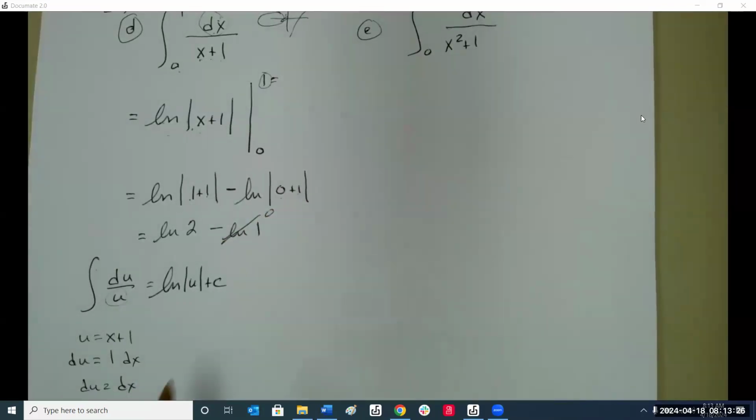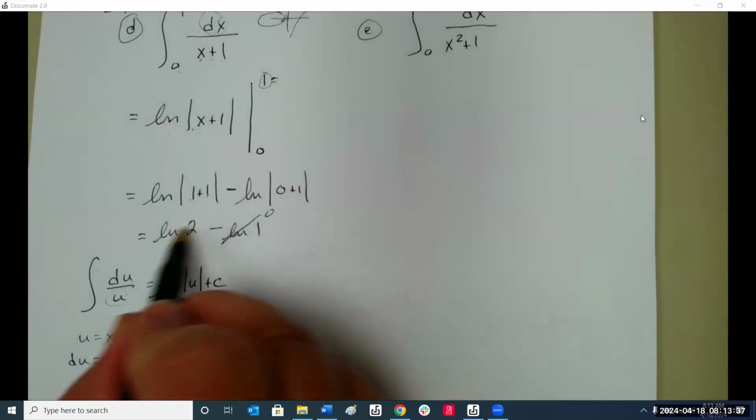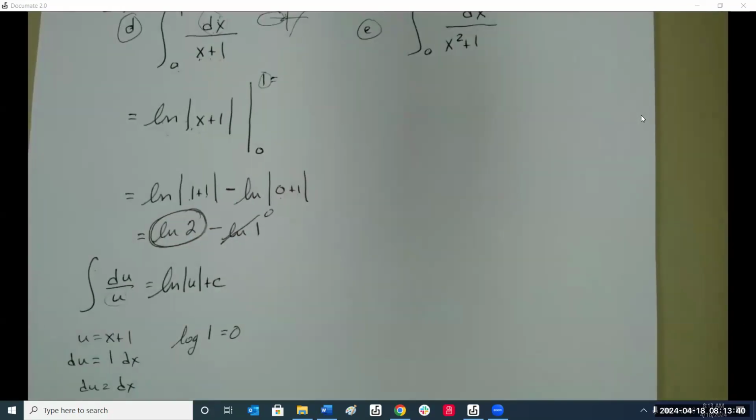Because the property says the log of 1 is always 0. So our answer is ln2. So that's what we got for the first one.